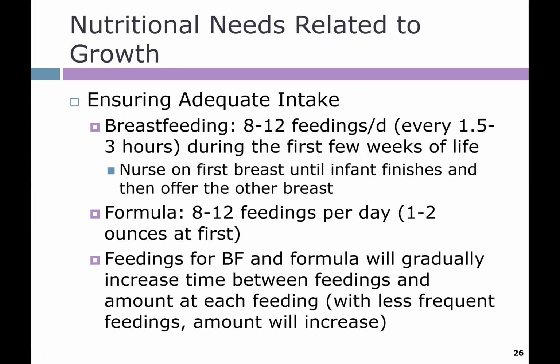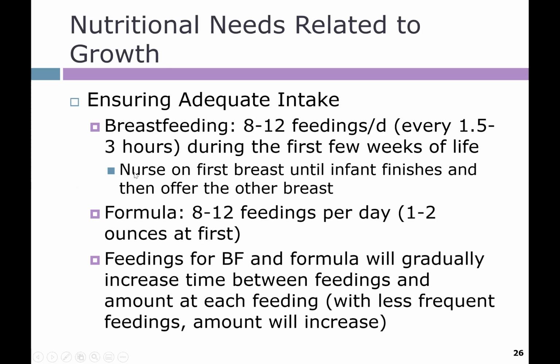How do we ensure adequate intake? Well, if they're breastfeeding, a baby should have about 8 to 12 feedings per day in the beginning. They're feeding every 1.5 to 3 hours during the first few weeks of life. And thereafter, they'll gradually drop down, and usually towards the second half of breastfeeding, so 6 to 12 months, about 4 to 6 feedings per day becomes the consistent pattern.